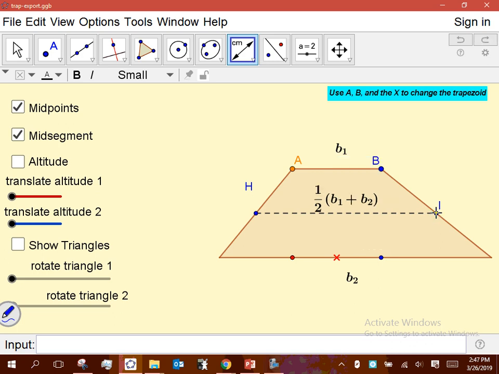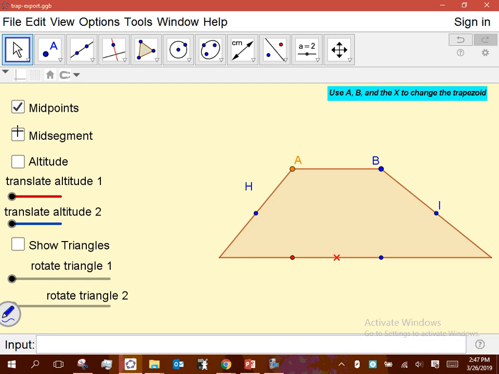So I'm actually going to remove that right now just because it creates clutter in the rest of the proof. The creation of this formula comes from taking those two altitudes, putting those altitudes in. And we can put them anywhere, right? As long as, by definition, an altitude goes from the line containing one base perpendicular to the line containing the other base.